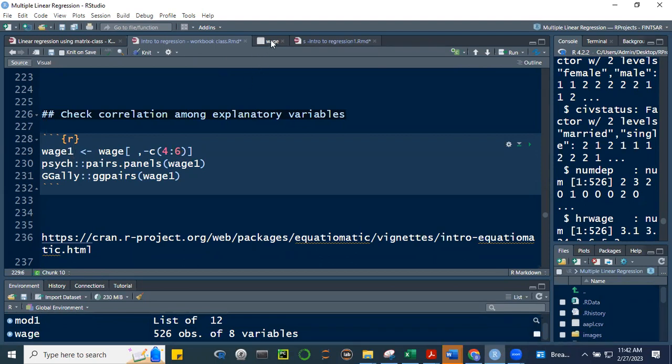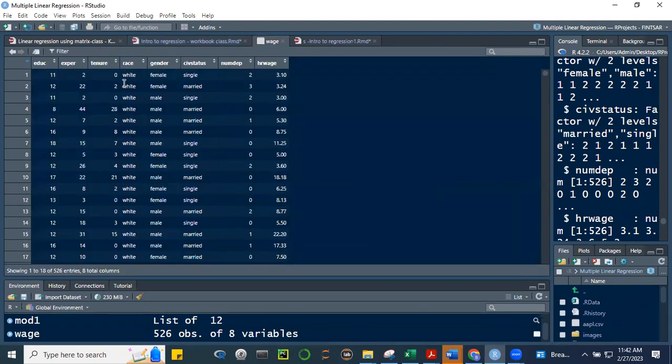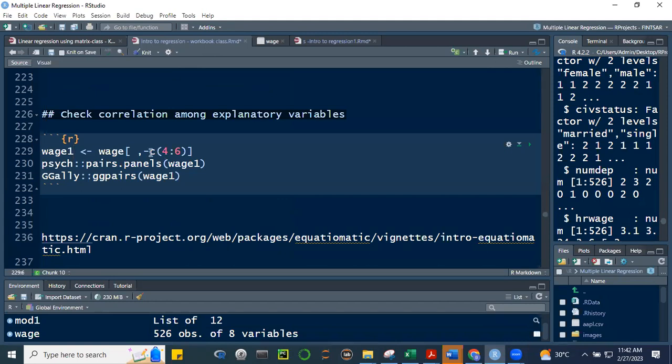Ano ibig sabihin nun? So this is 4th, 5th, 6th, negative, tatanggalin natin. So we're removing the 4th to 6th columns. The rows will be preserved, lahat ng rows. Tapos i-view natin si wage1.